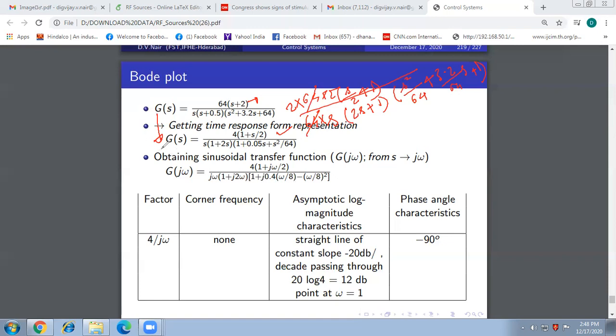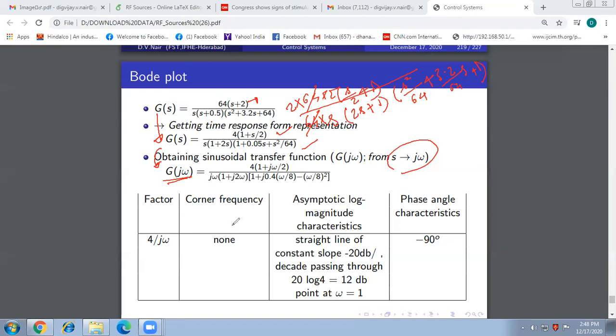Next we obtain the sinusoidal transfer function by replacing s with j omega. In place of s we will get g of j omega. That is called a sinusoidal transfer function that we did here, right? Now we are ready to look into development of the Bode plot.